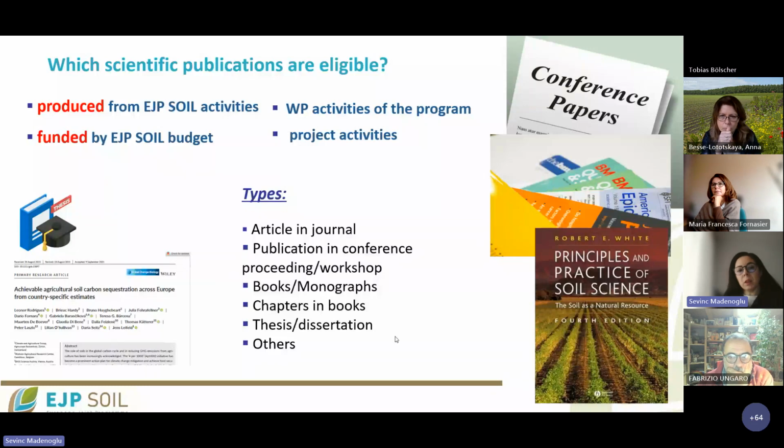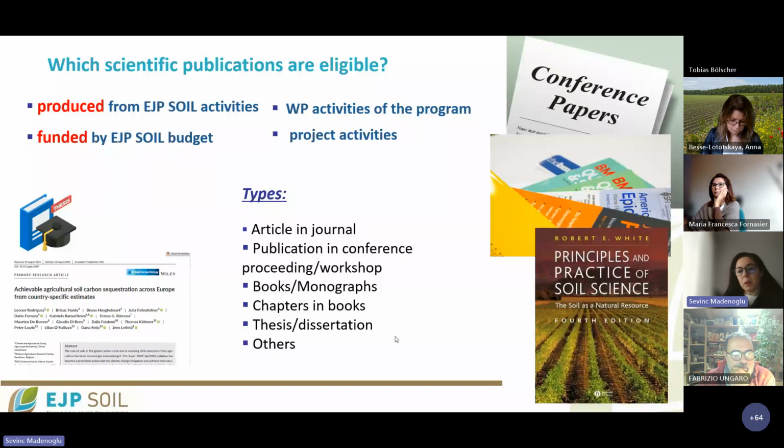There are two types of scientific publication that should be reported. The first one is produced from EJP soil activities. The second one is funded by the EJP soil budget. Again, based on our previous experience, many times funded publications were not reported because they are not considered as EJP soil publications, but both produced and funded publications are eligible to be reported to work package 9 by the members.